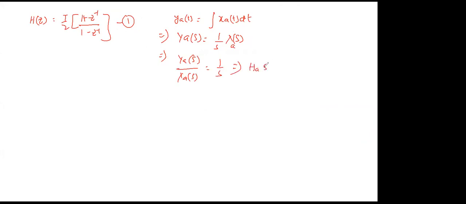This is the transfer function in the analog domain: H of s equals 1 by s. Let this be equation 2. We got the transfer function in the digital domain for the integrator, and the same integrator gives 1 by s in the analog domain.